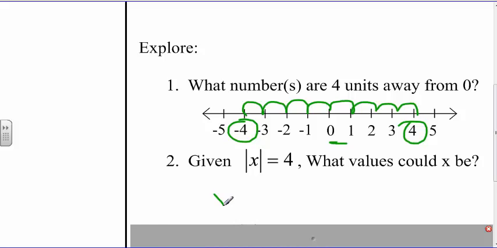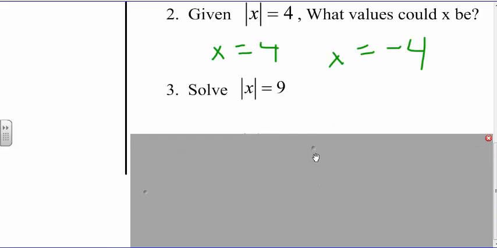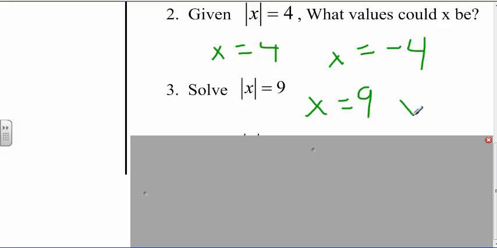So x is equal to 4, or x is equal to negative 4. If I wanted to solve the absolute value of x equal to 9, this is just like number 2, that means x is equal to 9, or x is equal to negative 9.